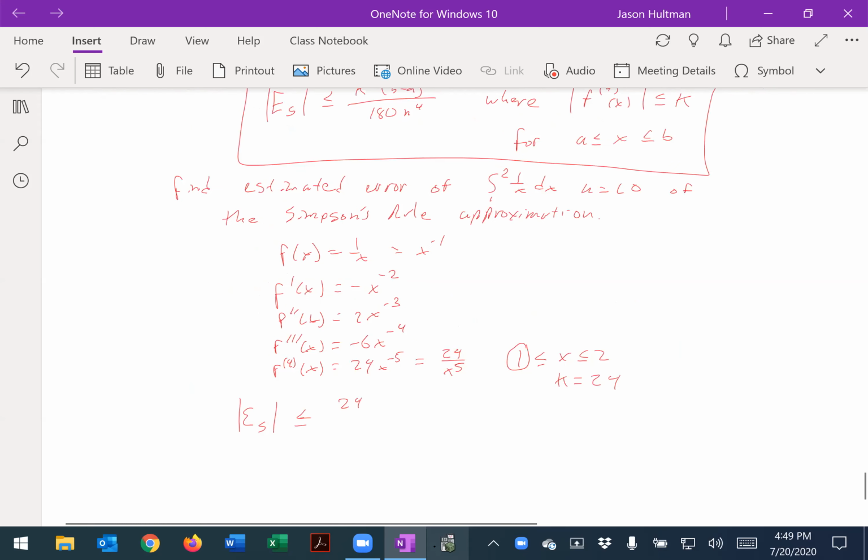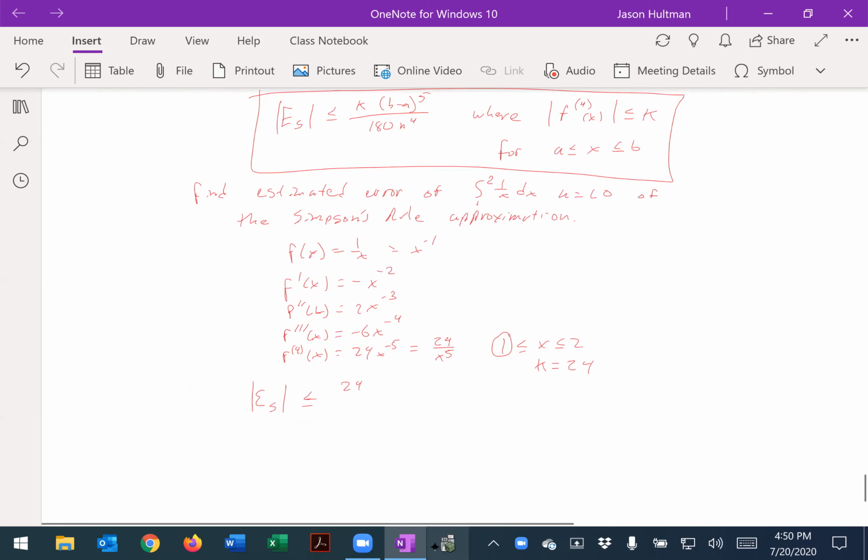It was b minus a, well, that's an easy one, 2 minus 1 to the 5th power, that's just 1, all over 180 times n to the 4th, well, that's 10 to the 4th power. Okay, and what does this equal? This equals 24 over 180. How many times does 24 go into 180? Let me bring up my calculator here. Let me calculate this bad boy.